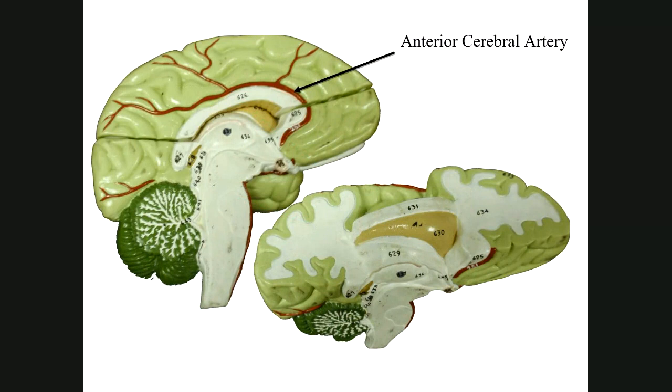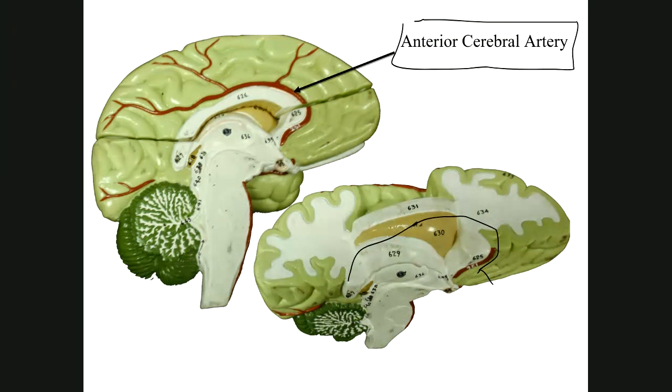So if we open up the brain, we see this anterior cerebral artery on each side. Now you can't see it in this picture very well, but there it is. It runs just like this one does. So it's on the medial surface of the brain of each side, the medial surface of each hemisphere.